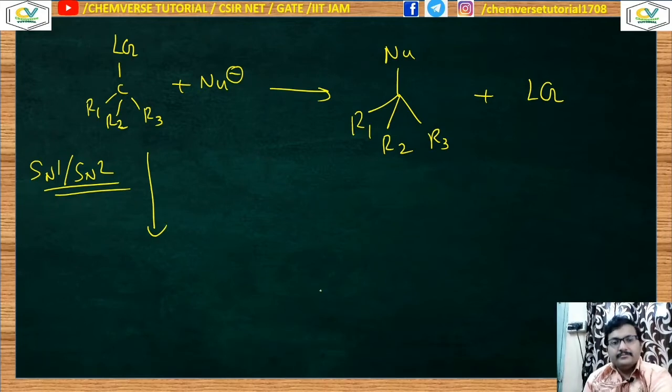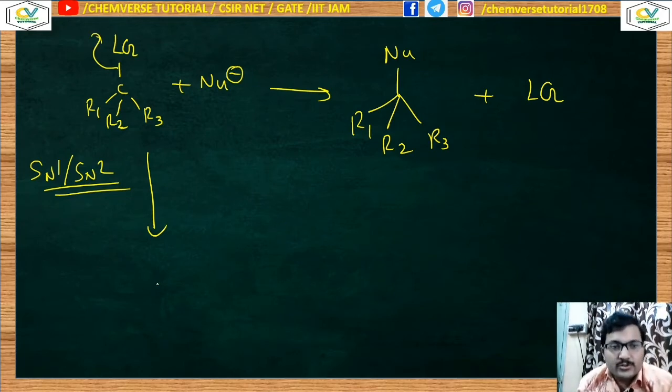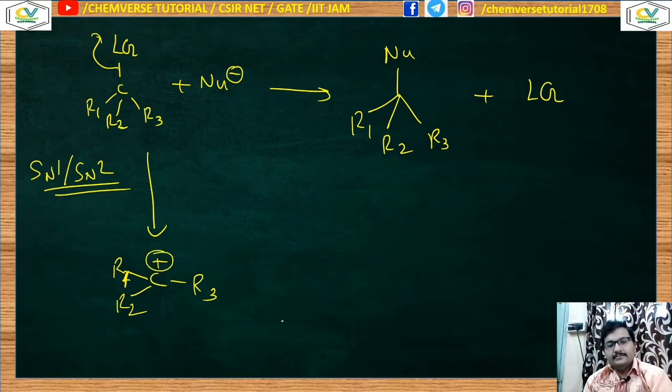First one is that this leaving group leaves the system in the first step, that means the bond between the carbon and leaving group breaks. So it will lead to the formation of this kind of carbocation intermediate, and the incoming nucleophile has two options.